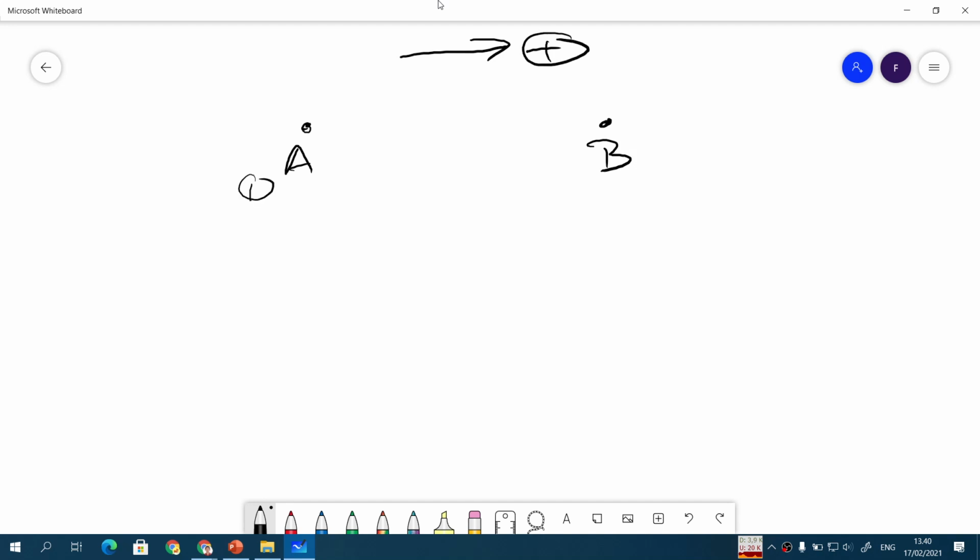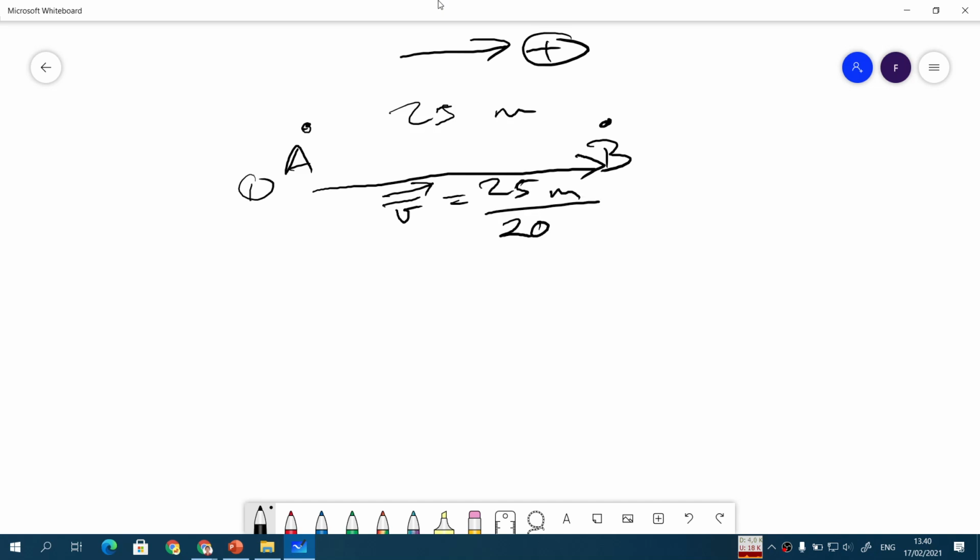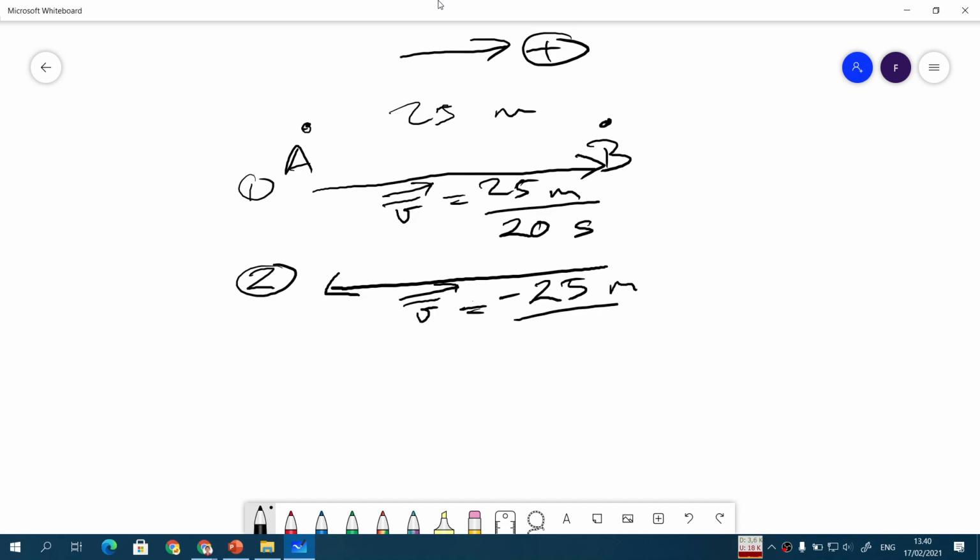For the first trip, we have A to B, so the direction is positive. That's why the average velocity is 25 meters divided by 20 seconds. But for the second trip, Ucok goes from B to A, so the displacement is negative. So his average velocity is negative 25 meters divided by 15 seconds.